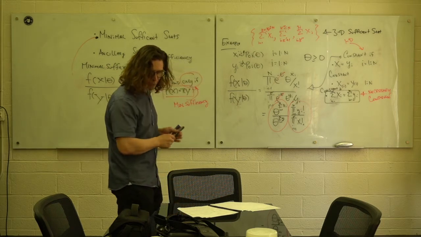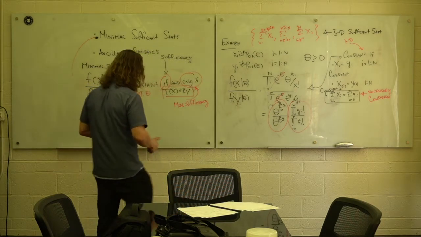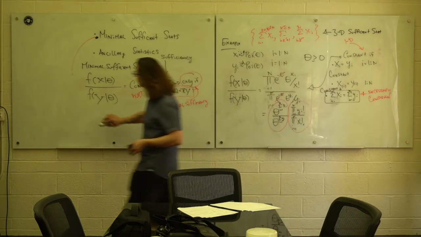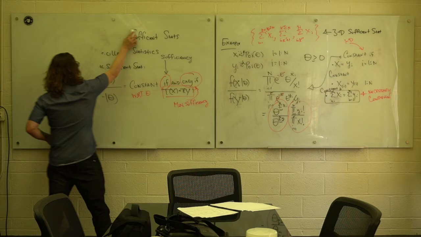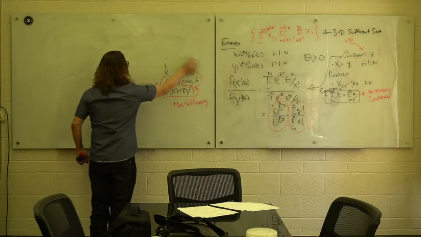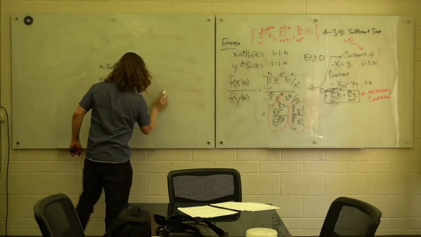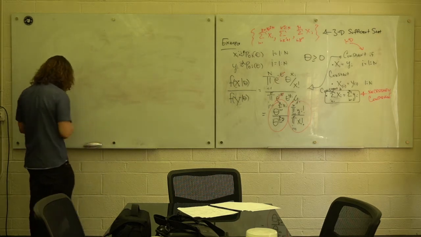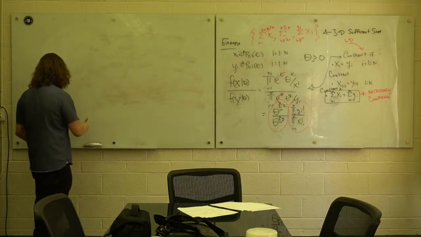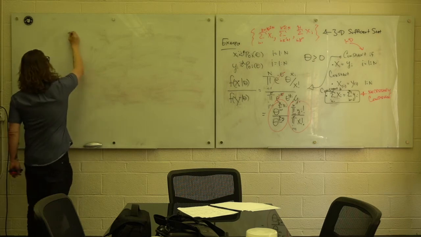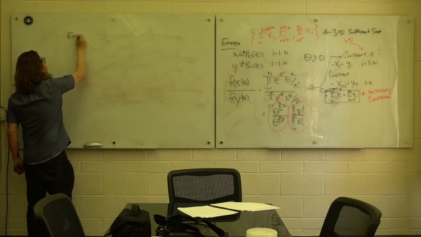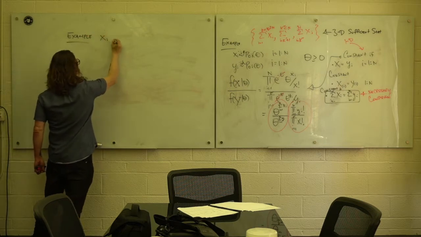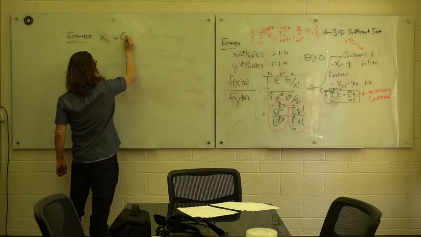Let's look at one more example. So let's look at a Cauchy distribution. So one more example. Xi's are coming from a Cauchy.